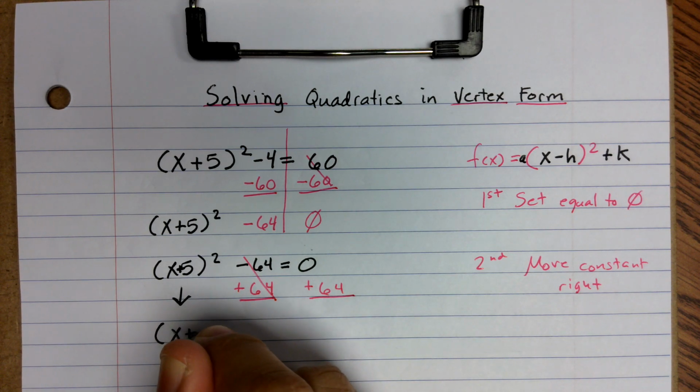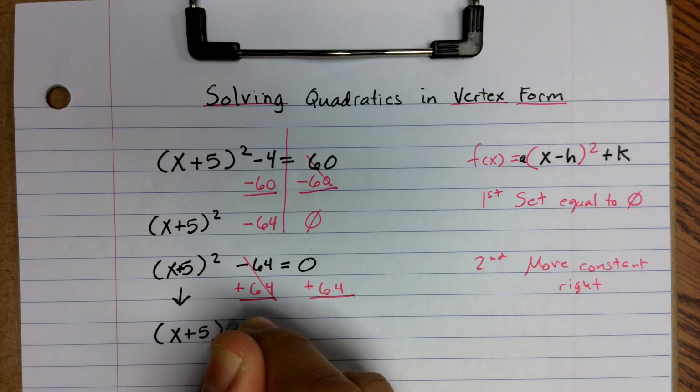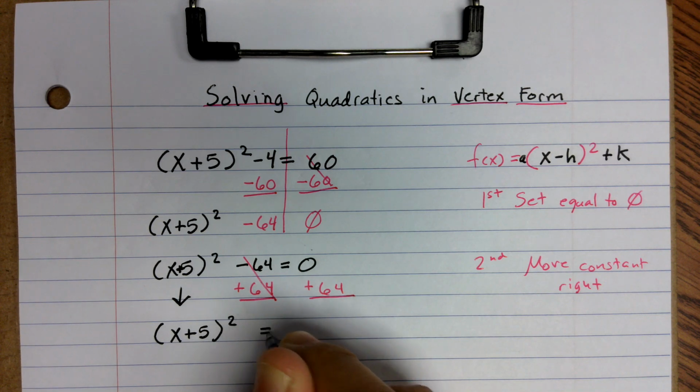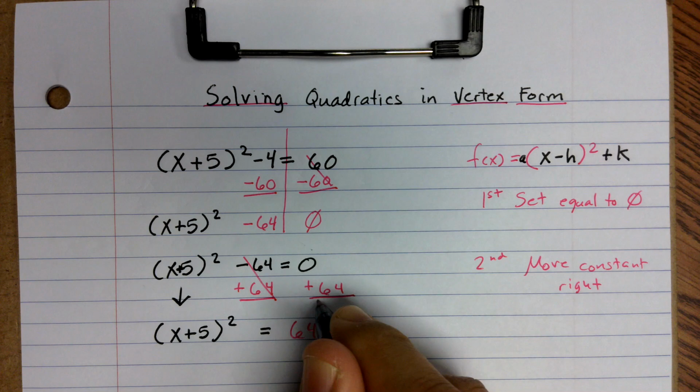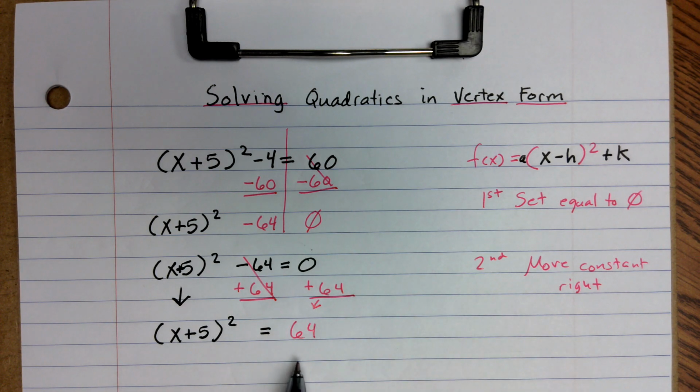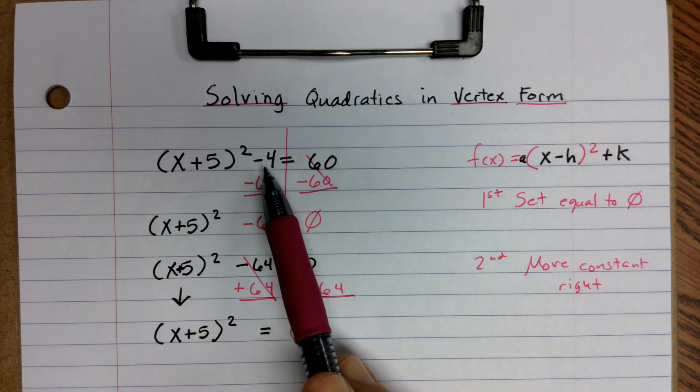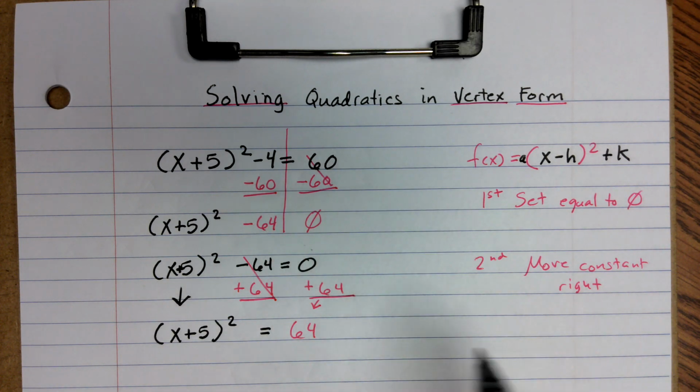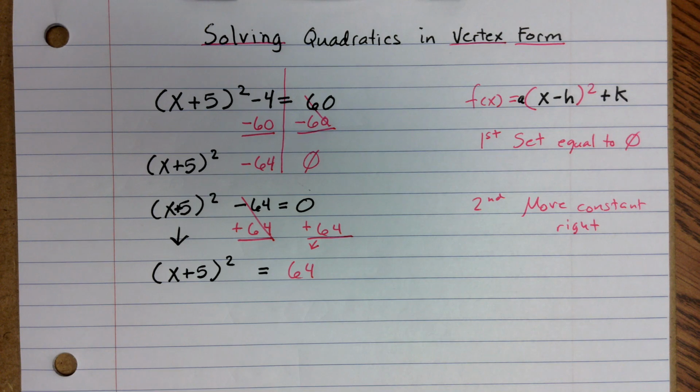So I still have x plus 5 squared is equal to positive 64 over here. Now I just always like to start with it set equal to 0, but you know what, some of you may have realized you could have just moved the 64 over. Well, yeah, you could have done that, but just follow these steps real quick and then always make sure you get it right.